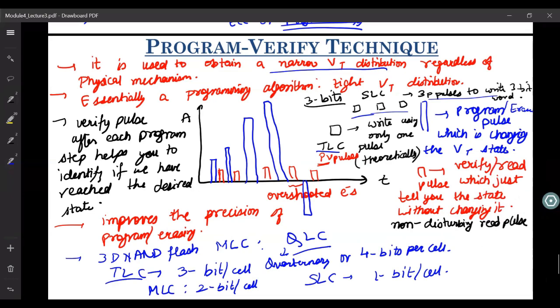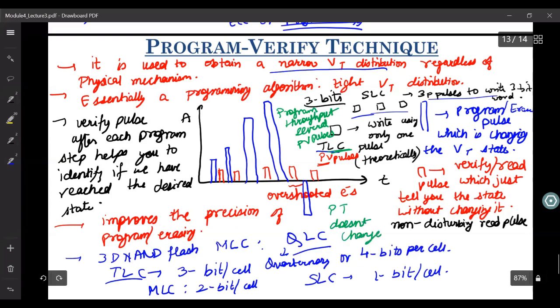By programming throughput, I mean number of write pulses required to program a particular bit word, let's say in this case a 3-bit word. But since you achieve this kind of level using several program verify pulses, your programming throughput remains almost same. It doesn't change much. Only advantage that you get is in terms of density.